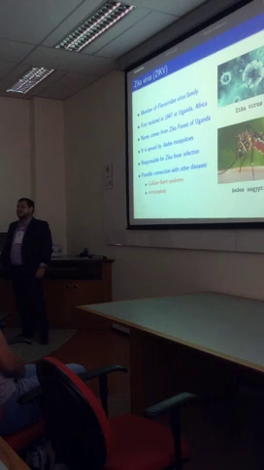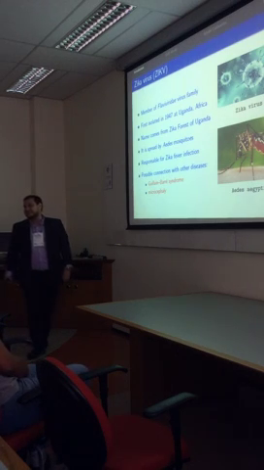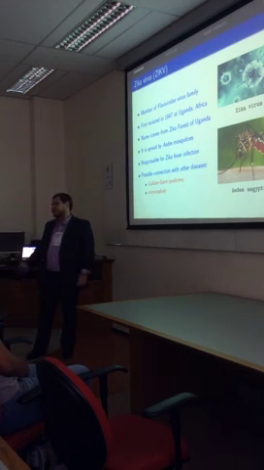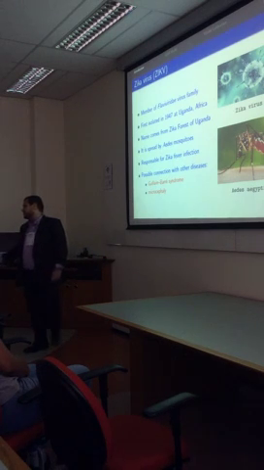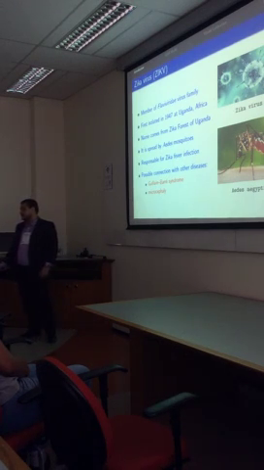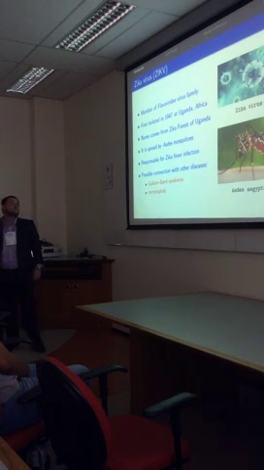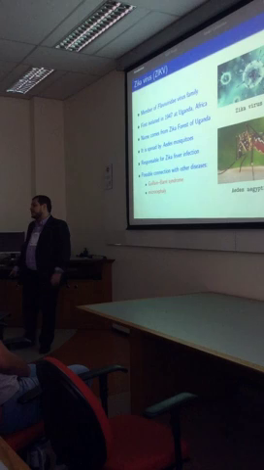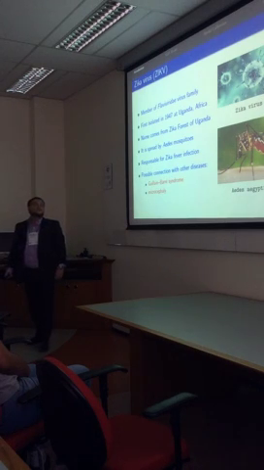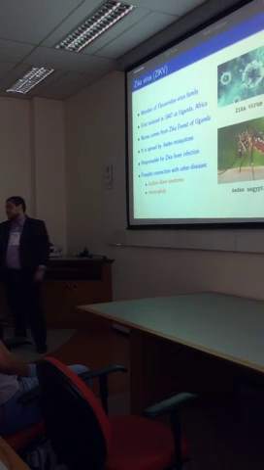So, Zika virus was a recurrent theme in the news in the last 12 months at least, especially here in Brazil. This virus, which is shown here in this picture, was first isolated in Africa in 1947 in Uganda.